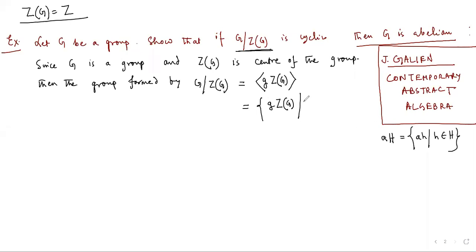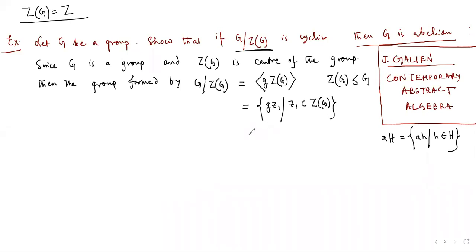ZG is a subgroup of the group, so in place of H we have ZG, and in place of a we have considered small g. Then we can consider this to be g times z1, where z1 belongs to ZG.